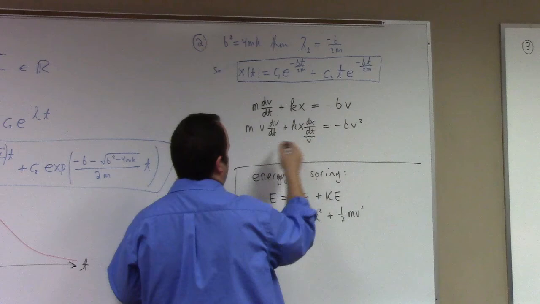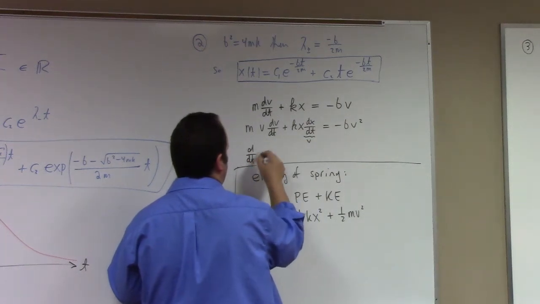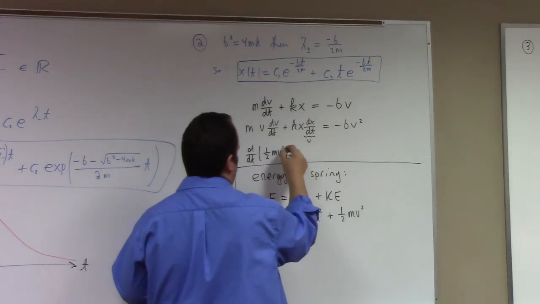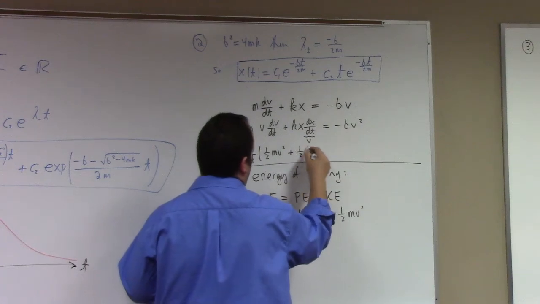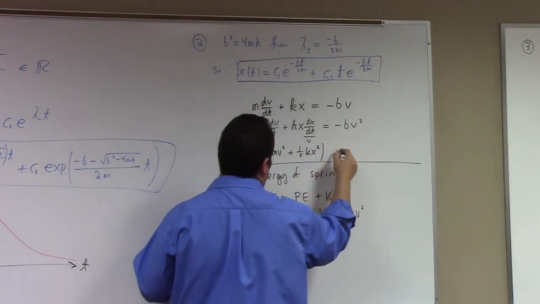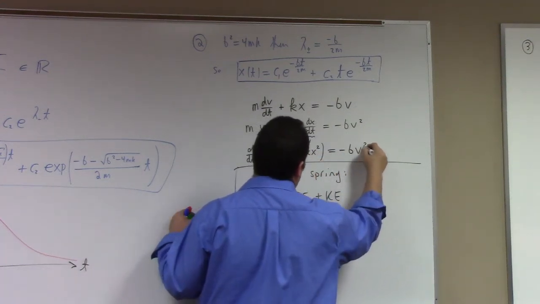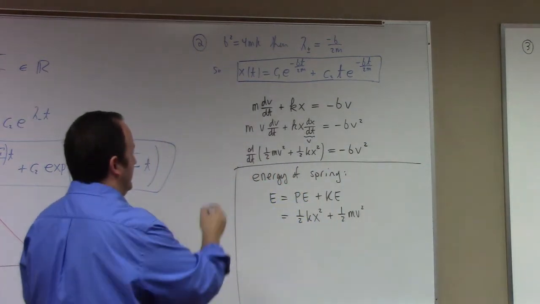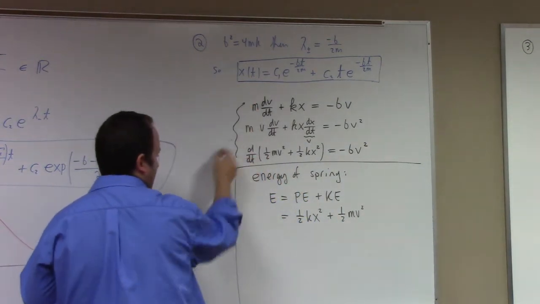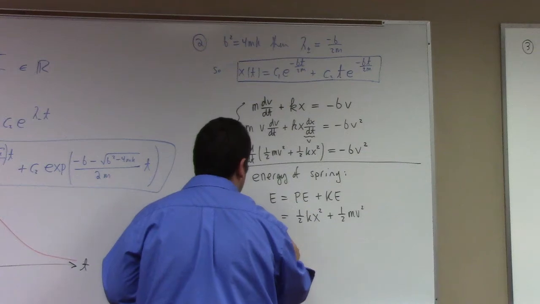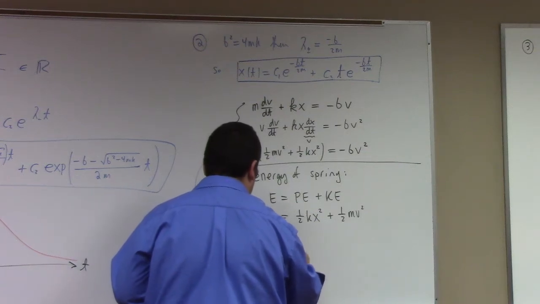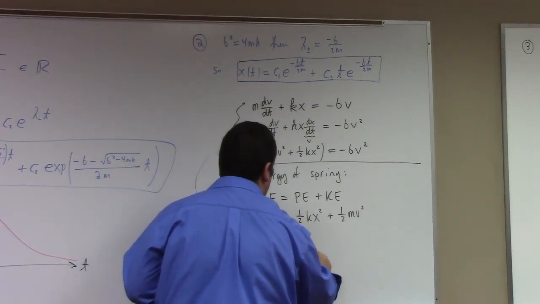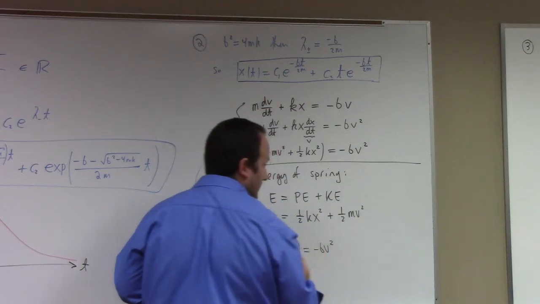If you tilt your head and squint, you can see that that's d/dt of 1/2 mv squared plus 1/2 kx squared by the implicit differentiation rule. So this little calculation shows you that, in fact, d/dt of the energy is equal to minus bv squared.